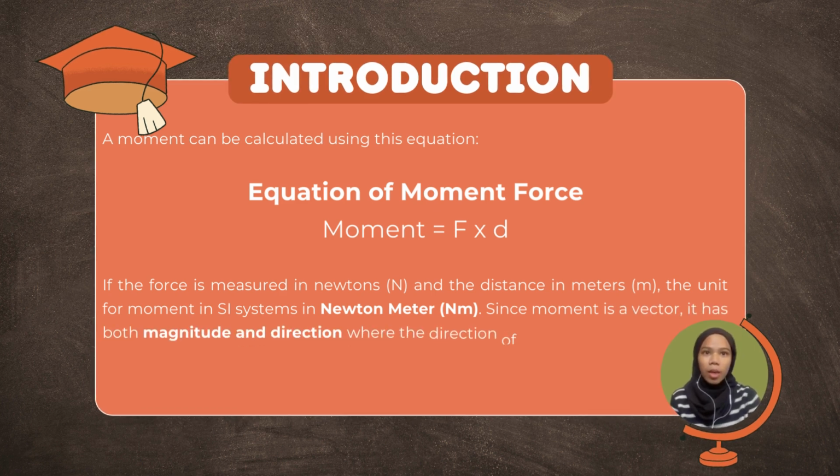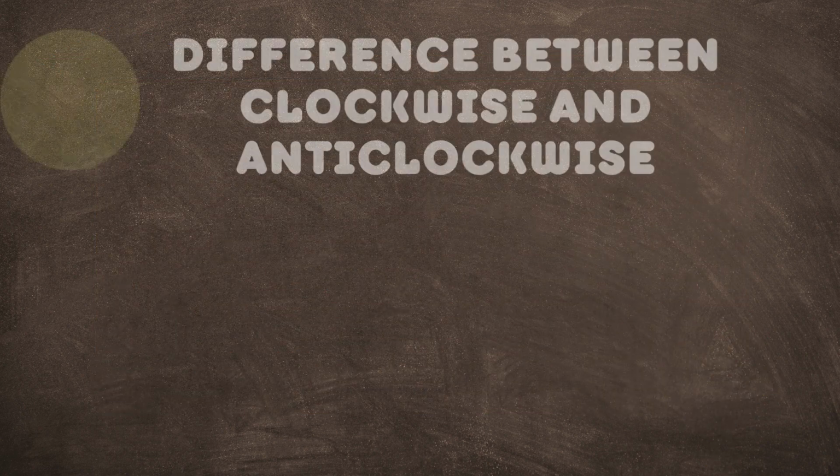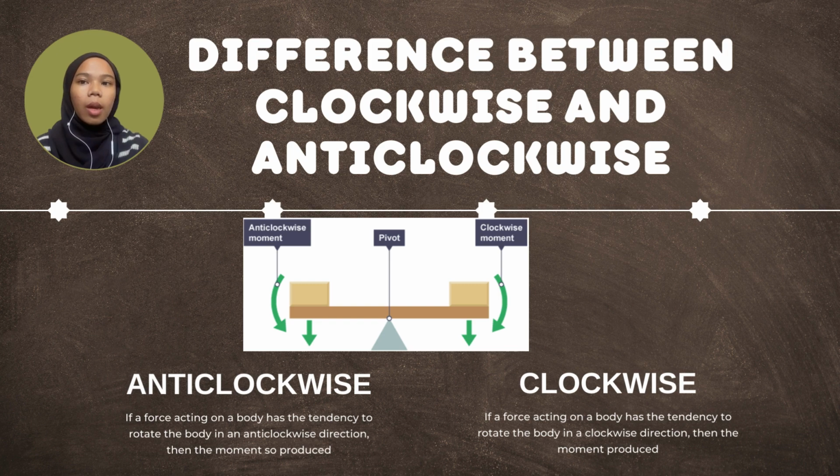If the force is measured in newtons and the distance in meters, the unit for moment in the SI system is the Newton meter. Since moment is a vector, it has both magnitude and direction, where the direction of the moment is usually defined as clockwise or anti-clockwise. What is the difference between anti-clockwise moment and clockwise moment?